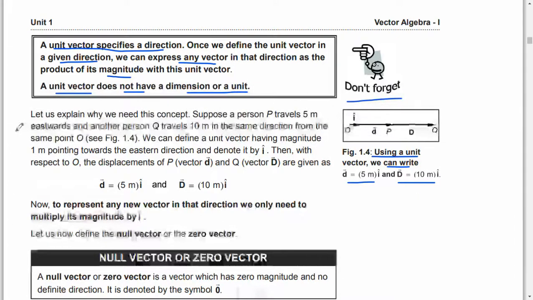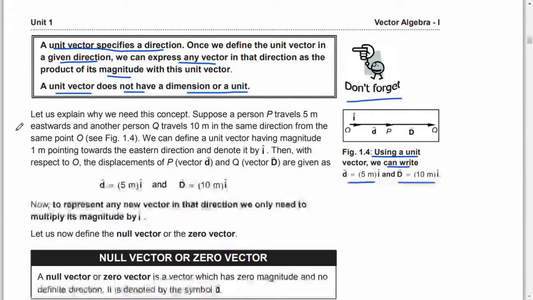Let us explain why we need this concept. Suppose a person P travels 5 meters eastward and another person Q travels 10 meters in the same direction from some point O. In the figure, we can define a unit vector having magnitude 1 m pointing towards the eastern direction and denote it by i cap.